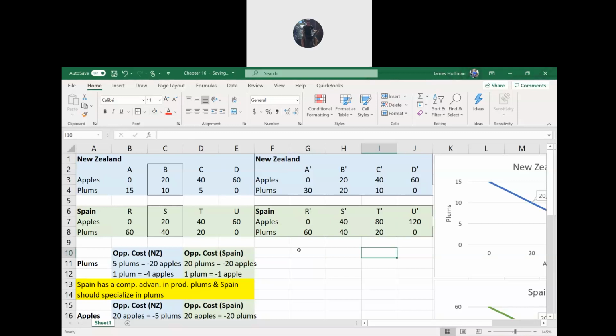And the very last part is just to graph the new curves. Okay, so let's just graph this one for New Zealand.